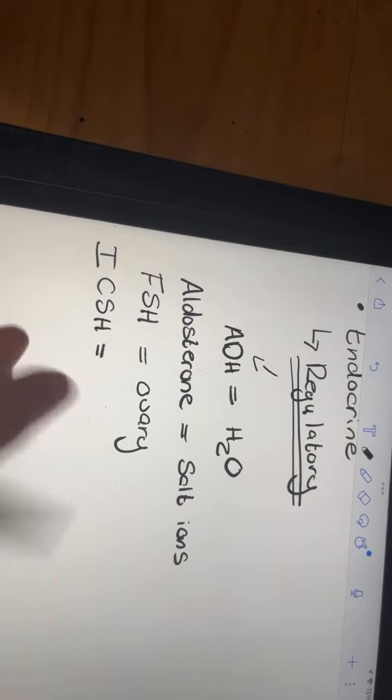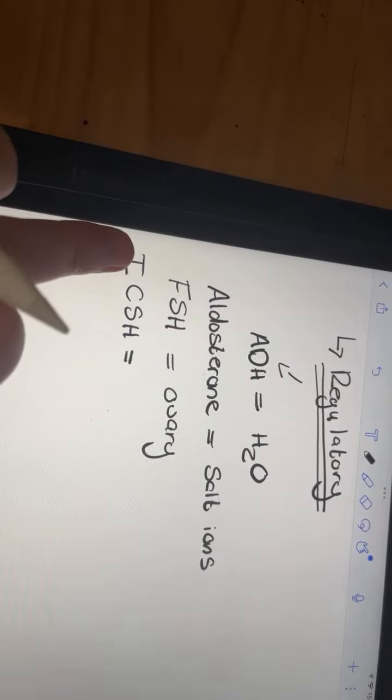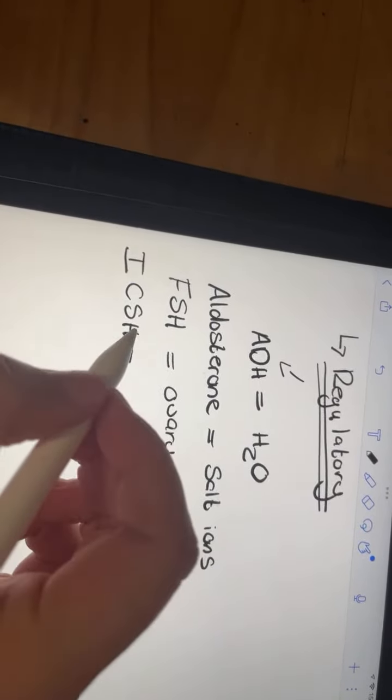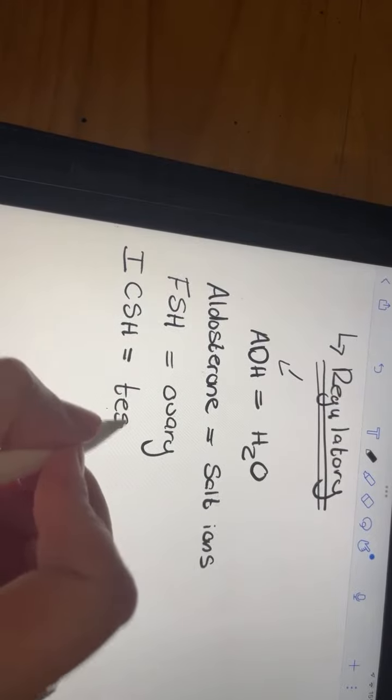ICSH, which many matrics don't even know what this stands for, but you have to know what this hormone is. This is interstitial cell stimulating hormone. I know it's a mouthful, but don't worry, you can just use the abbreviation. This is what produces testosterone.